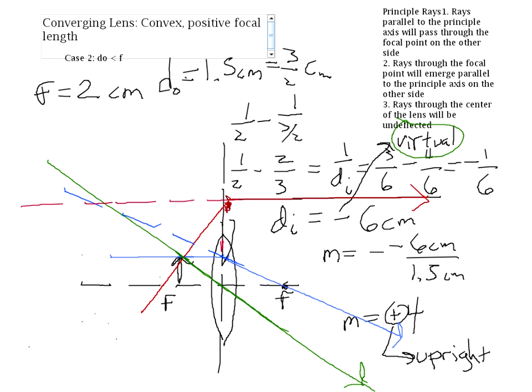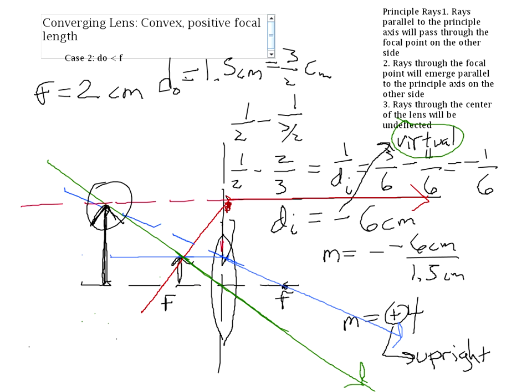And we see that although those three rays never truly converge over there on the right, to an observer on the right looking over to the left, it would appear that those three rays are all coming from right there. So that means our image is going to be a virtual one, and it will be like this.